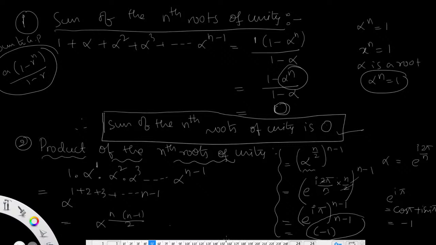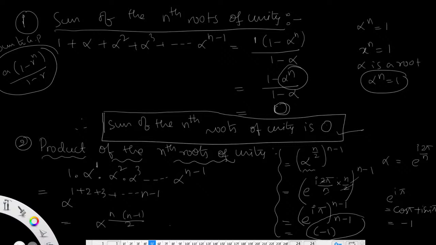If n is even, it becomes minus 1. If n is odd, we can write plus 1. So that is the important rule. Whereas for the cube roots of unity, the product gives the value 1. Here also the value depends on even or odd: if it is even, it becomes minus 1; if it is odd, it becomes plus 1.